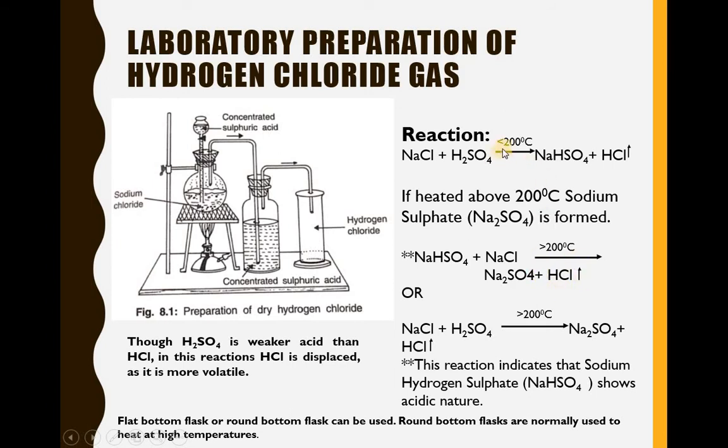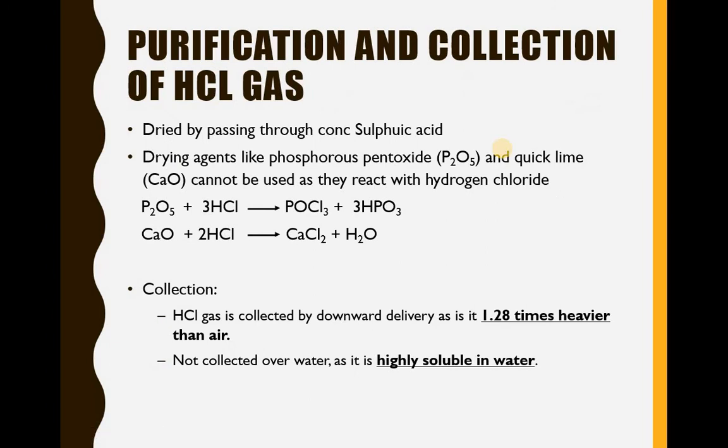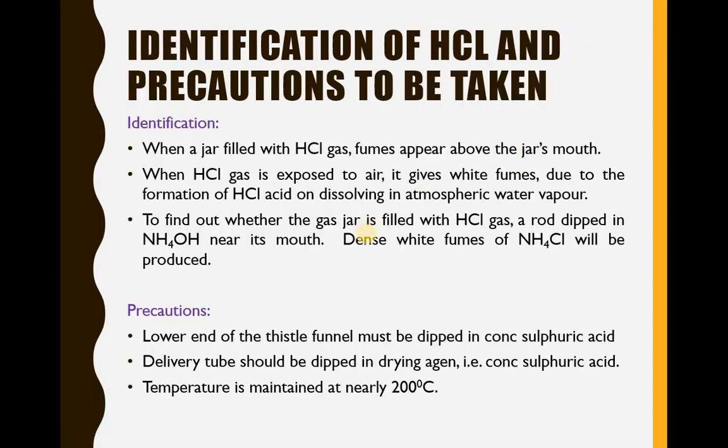So why not use the lower temperature? If you go for the higher temperature, more fuel will be wasted. The apparatus is made of glass, so it may crack. And third and most important, sodium sulfate will be formed. It forms a hard crust which sticks to the glass and is difficult to remove.